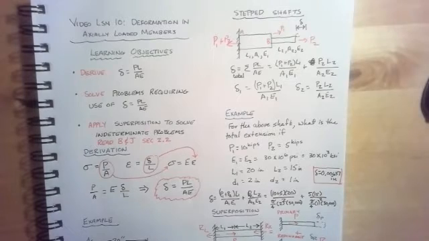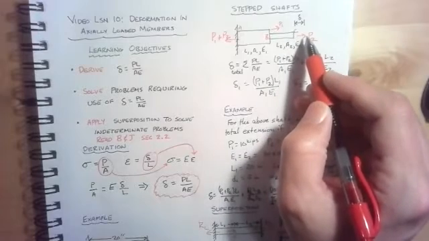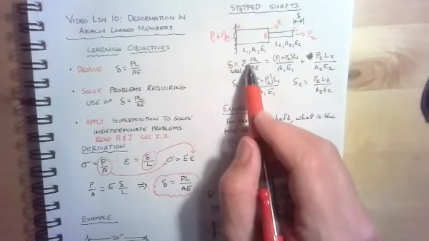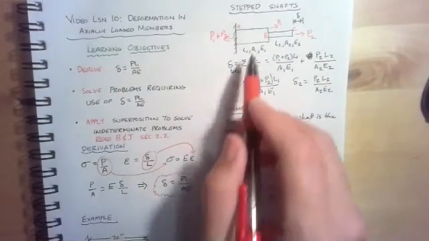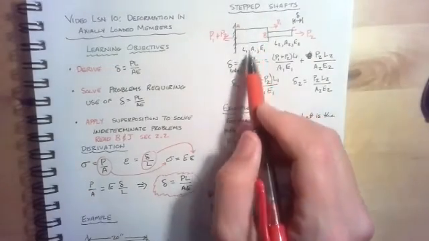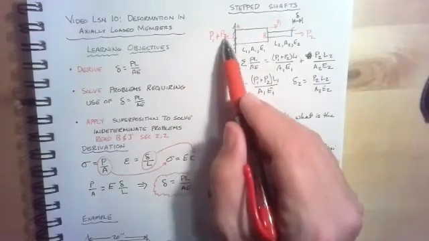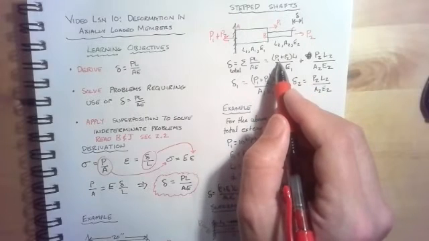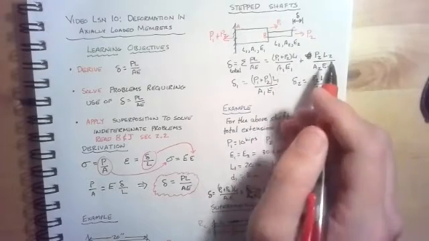So if I wanted to figure out what the total displacement delta was for point C, that would be the total deformation of the shaft, and that would be the summation of PL over AE for each part of the shaft. So if I was to take a look at the internal force in section AB, that would be P1 plus P2. So applying that formula for section 1 of the shaft gives me a contribution to the total deformation of P1 plus P2 times L1 over A1 E1.